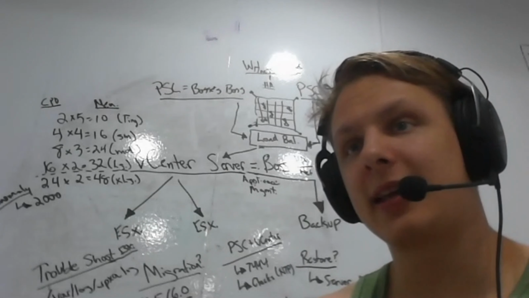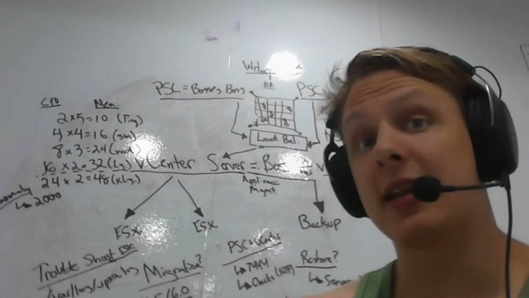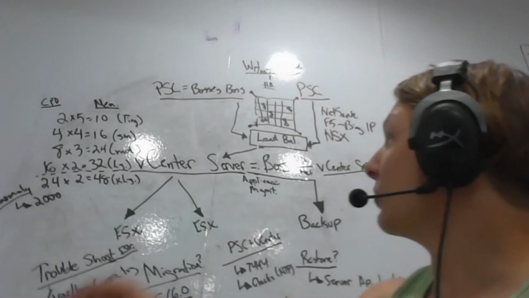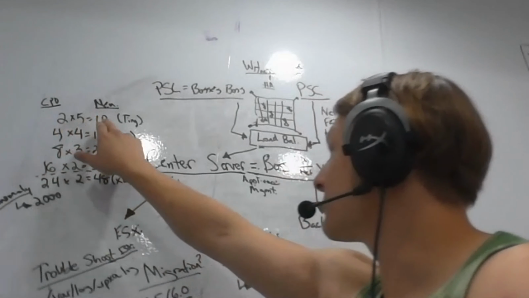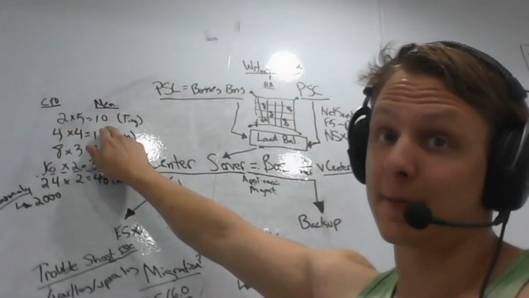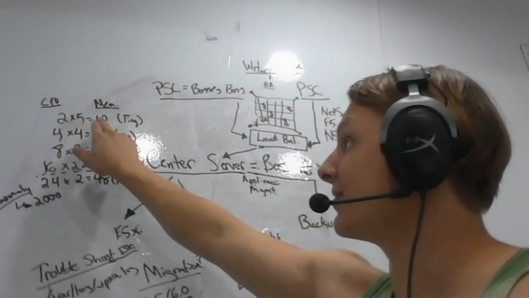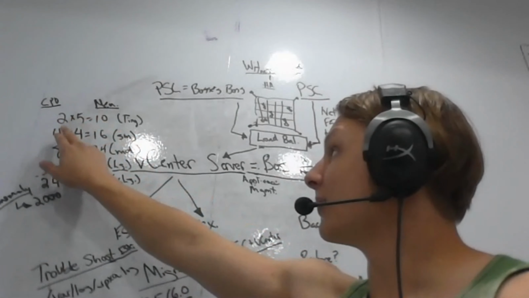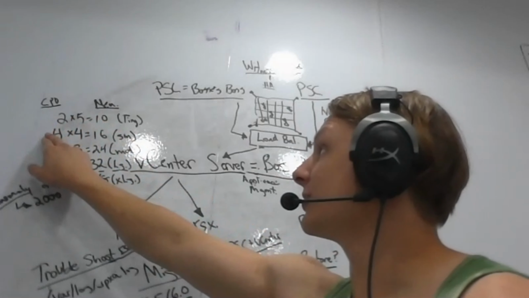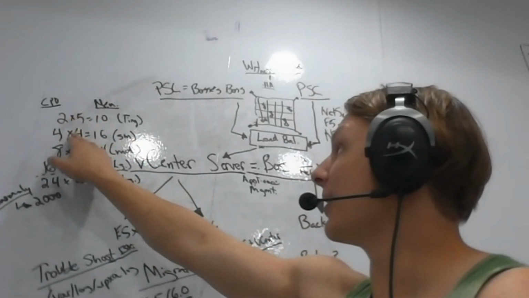But the important thing here is that you need to know that in a tiny environment, you need 2 CPUs and 10 gigs of memory. So 2 times 5 is 10. You see this pattern? So this number doubles, and this number goes down by 1.